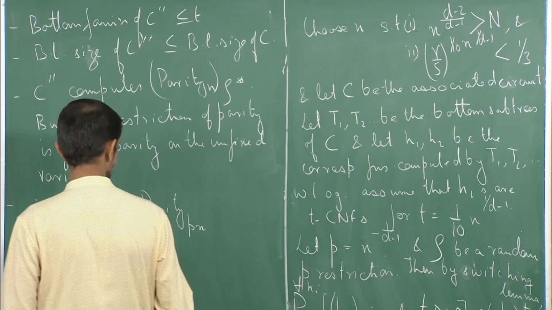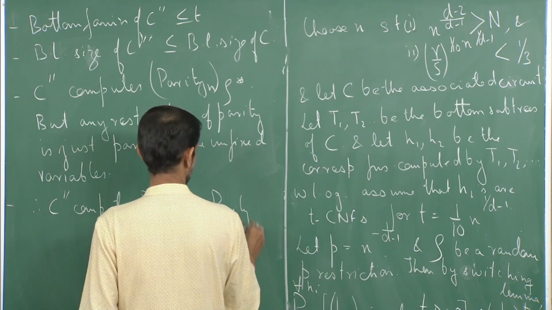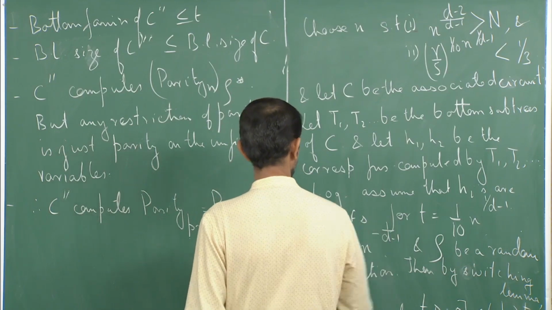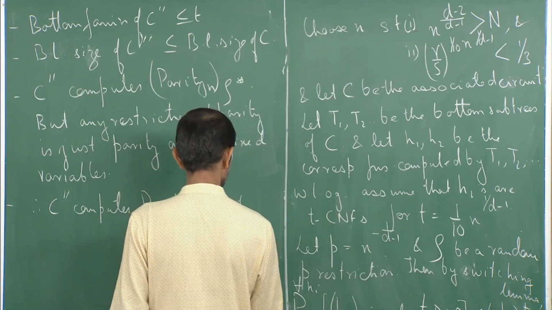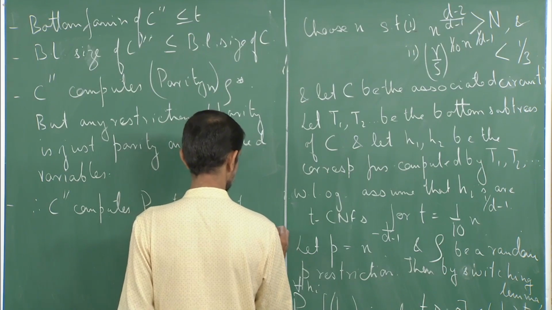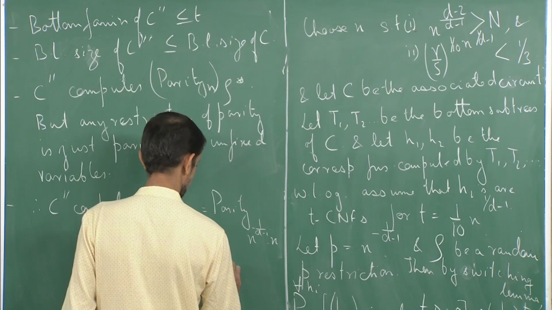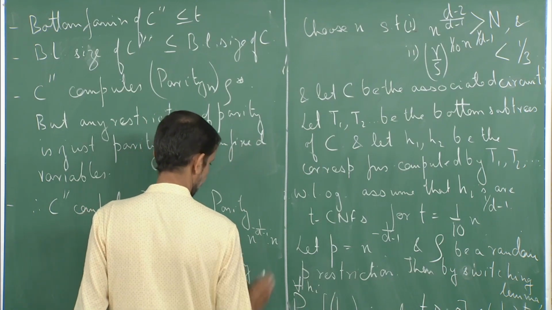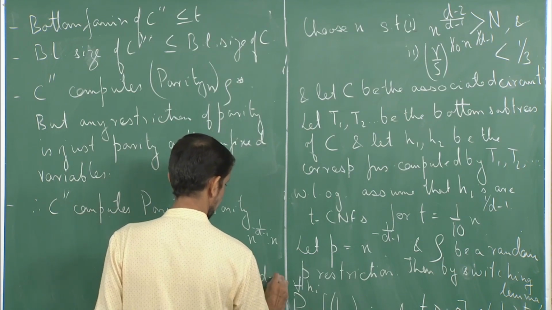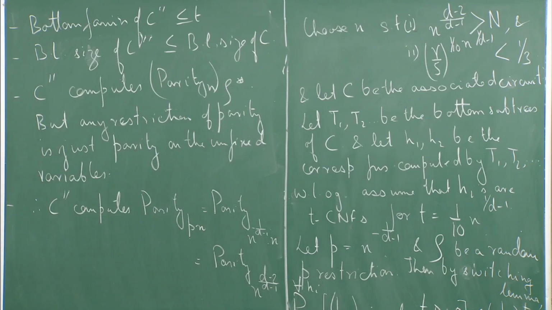So, we will substitute the value of p. So, this is equal to parity of, so p was n to the power minus 1 over d minus 1. So, it is n to the power minus 1 over d minus 1 times n, which is parity of n to the power d minus 2 by d minus 1.